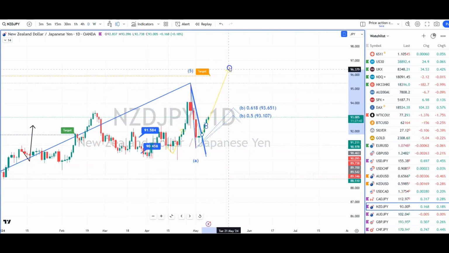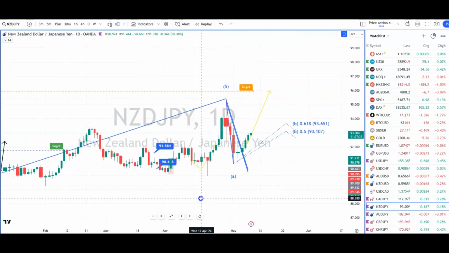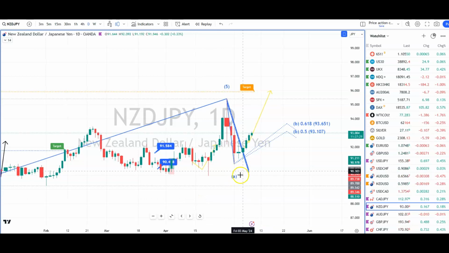So you wouldn't have your target up here. It could reach it quite easily, but for instance, you've got an ABC pattern forming. So on the lower time frame, when you go into your charts, it's an ABC pattern. So your target would be limited to 93.65 in this instance.